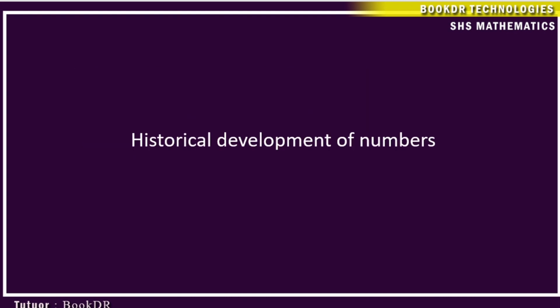Let's look at some history of the development of numbers. In ancient times, man began to count. They counted using their fingers or making marks on walls, and then creating notches.